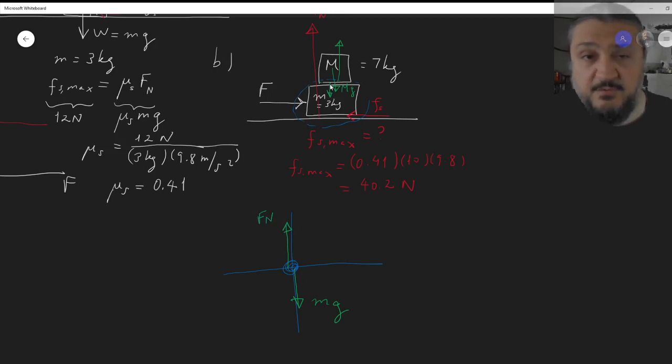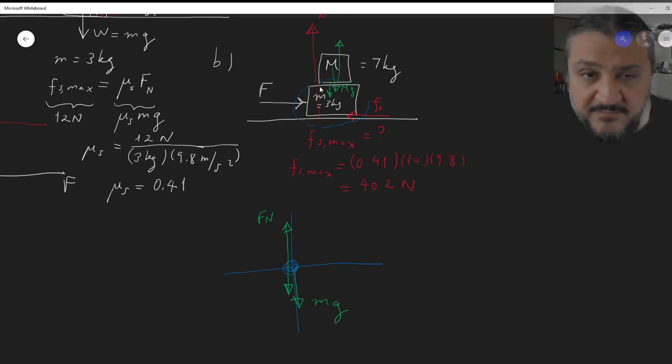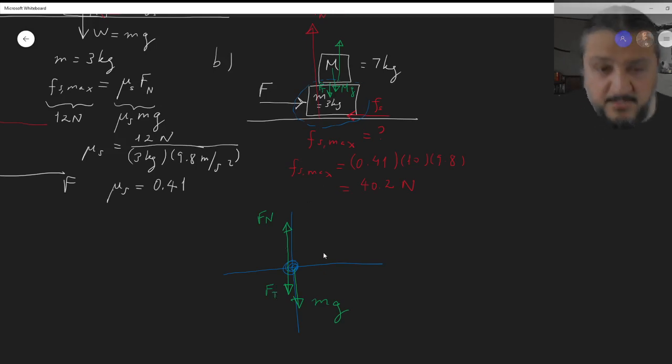And we have the force that the top mass exerts on it. And we haven't given the name, let's call it Ft, F top. And we have the force we exert on it to the right and the friction force to the left.